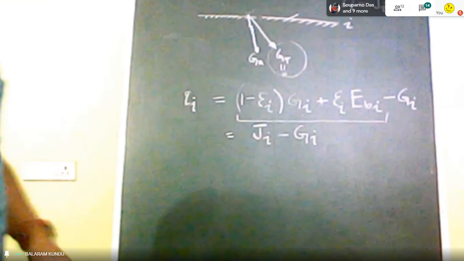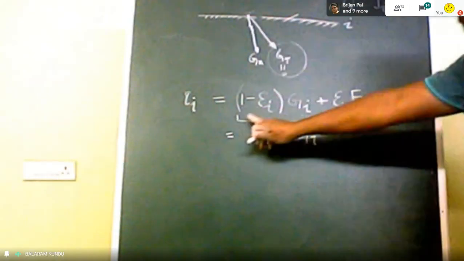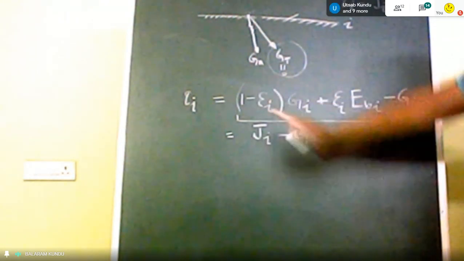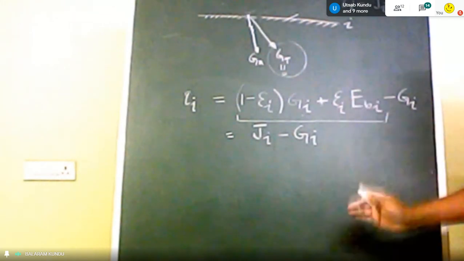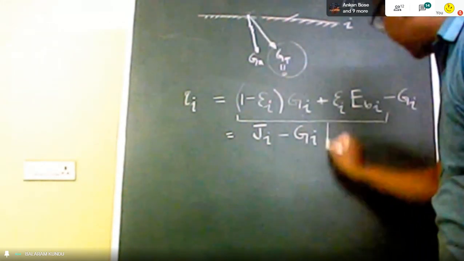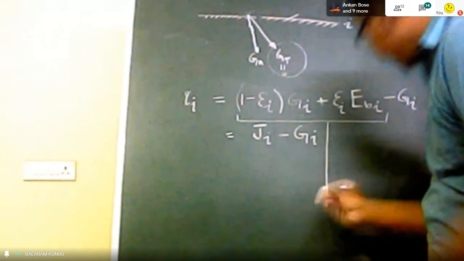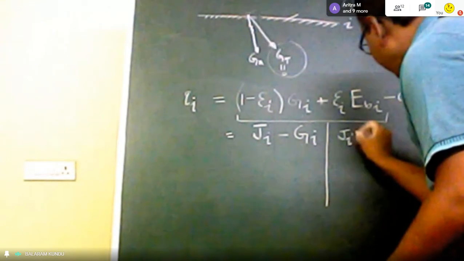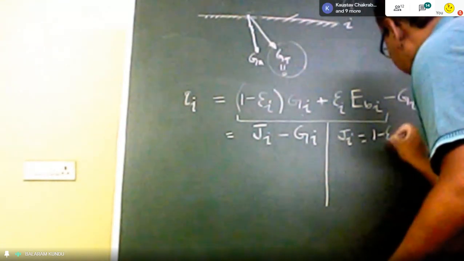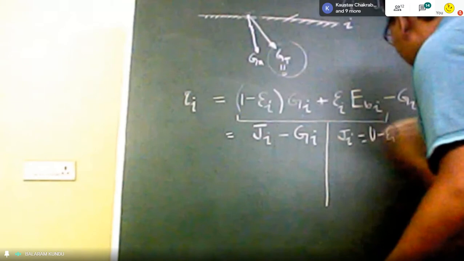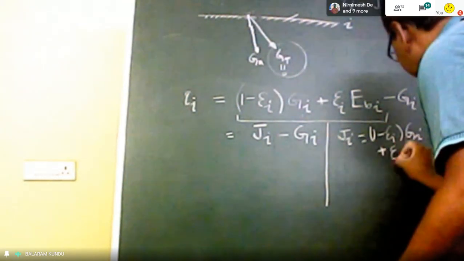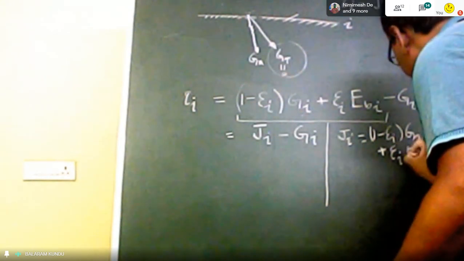So therefore, just use this mathematics. This is your Ji, and from the Ji expression we can get the Gi. So Ji equal to, we know that Ji equal to 1 minus epsilon i into Gi plus epsilon i into Ebi.